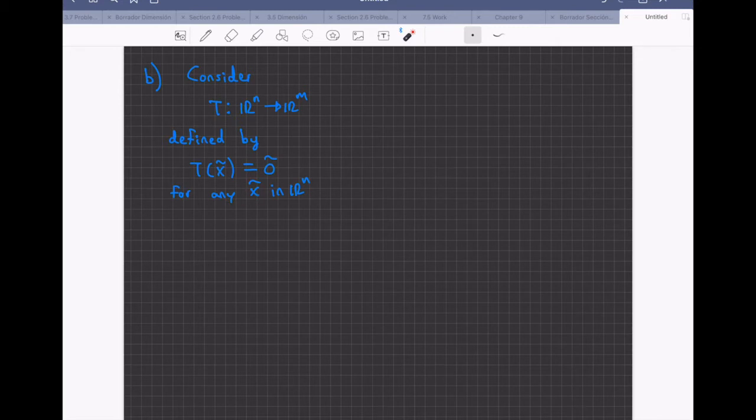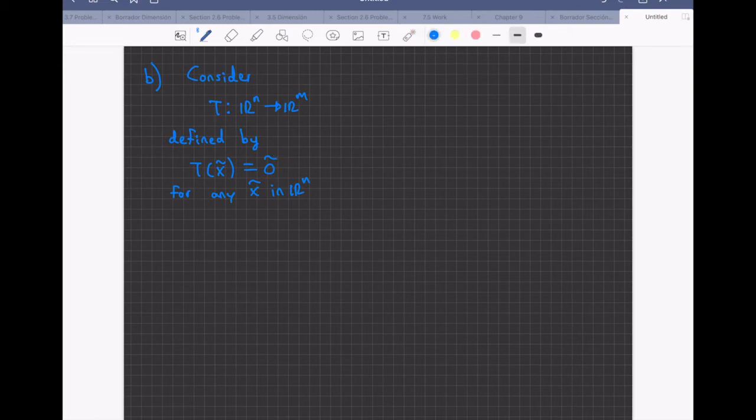I mean, this transformation will return only the 0 vector. No matter what vector x you have here, when you apply this transformation, it is always going to return the 0 vector.